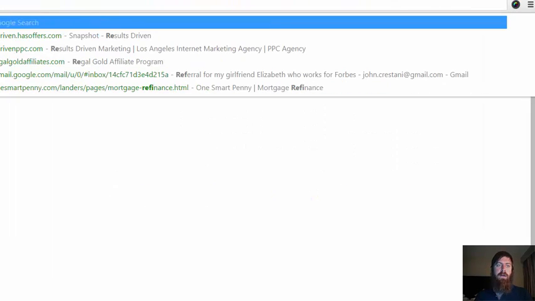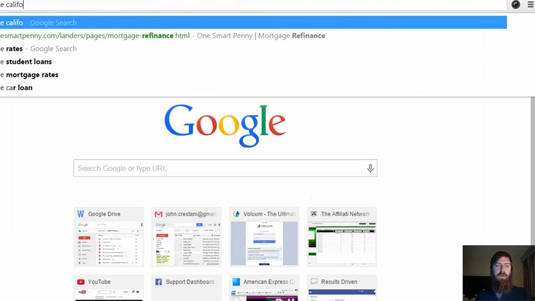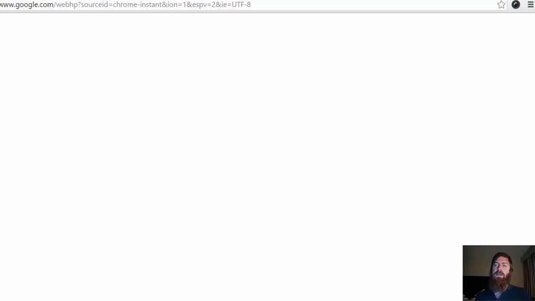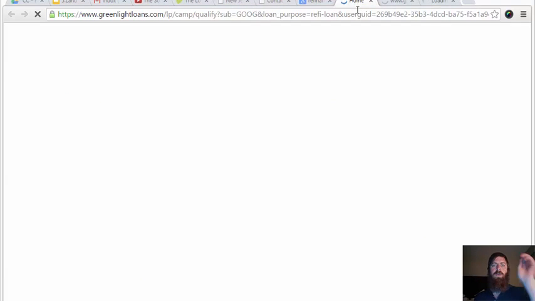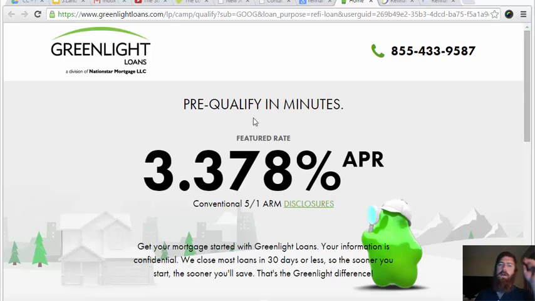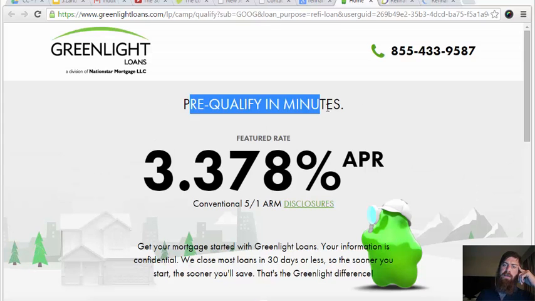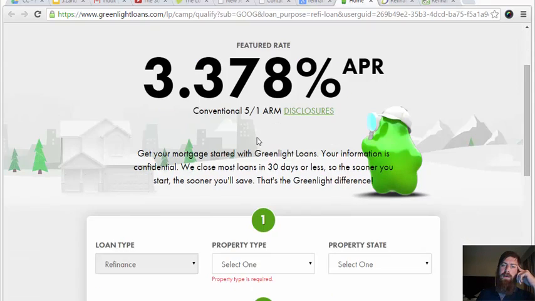If we look at Refinance California, let's look at some landers in the mortgage niche. Usually we see some multi-part landers. So let's let this load for a second. Okay, so we saw some things pop up now. Pre-qualify in minutes, featured rate. So this is actually a really poor ad copy right here.